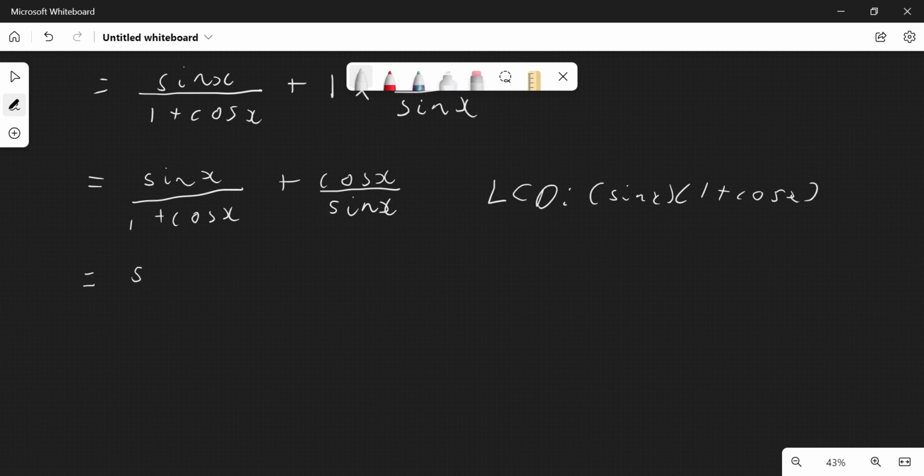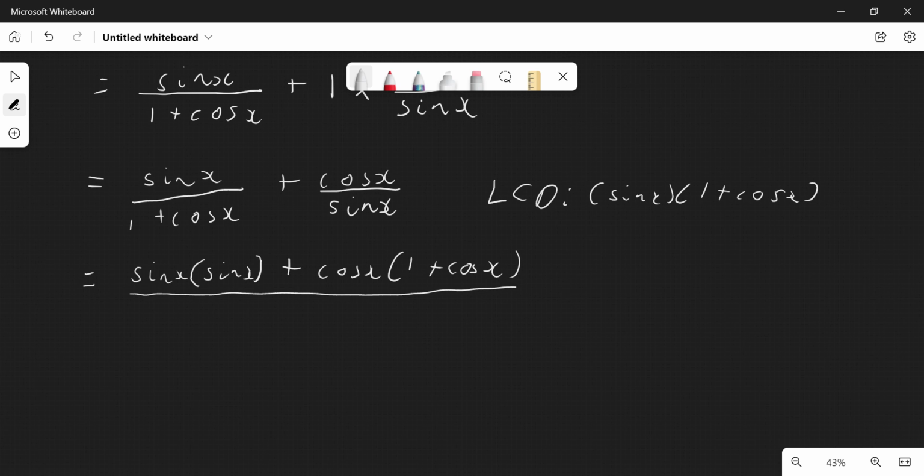So this is sine x times sine x, plus cos x times 1 plus cos x, all divided by sine x times 1 plus cos x.